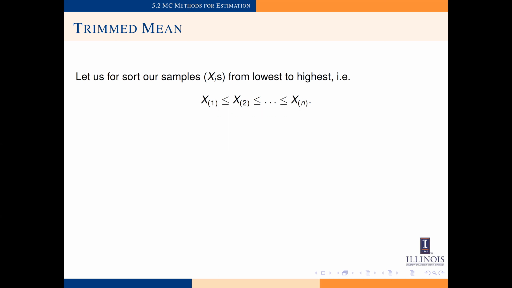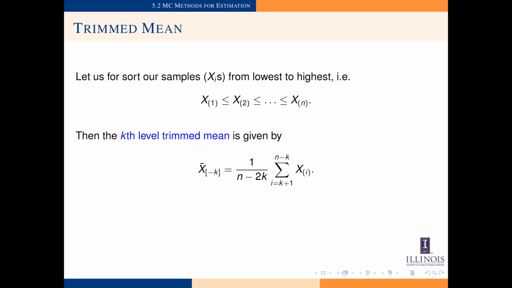Now we have n random samples. If we sort all the random samples, x1 all the way up to xn, from lowest to highest, in other words, we get x(1), x(2), etc., where the first is less than or equal to the second, and so on, all the way until the largest.